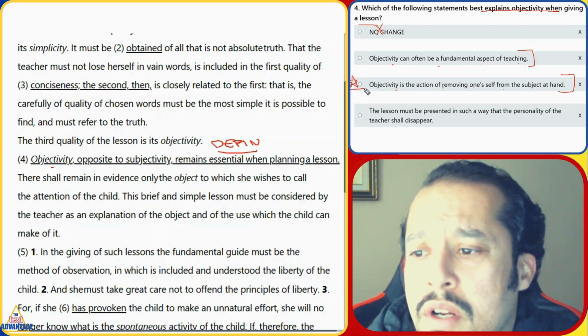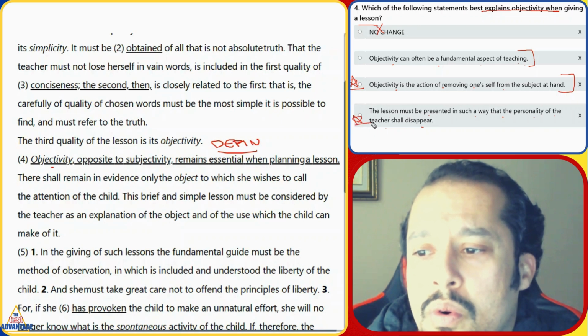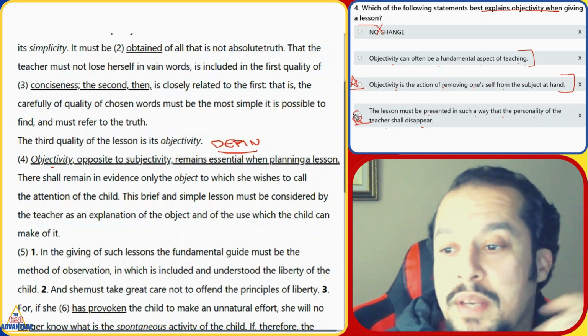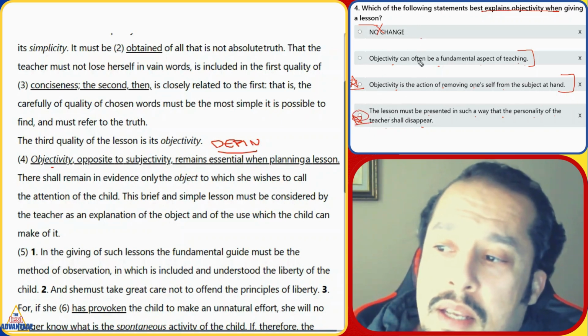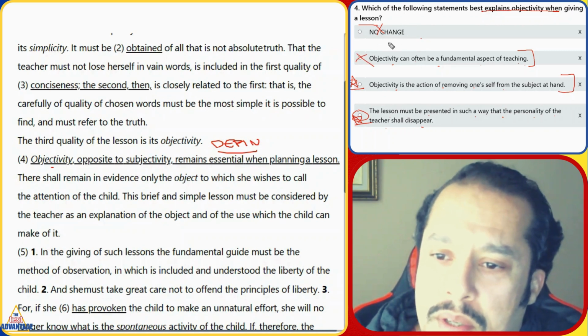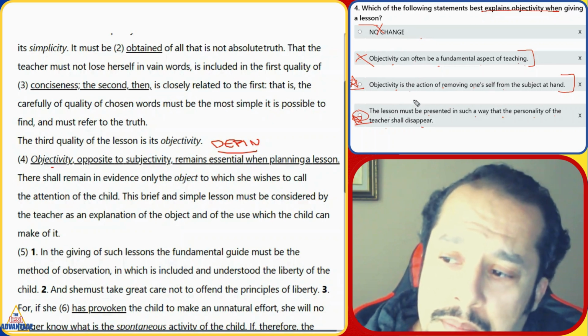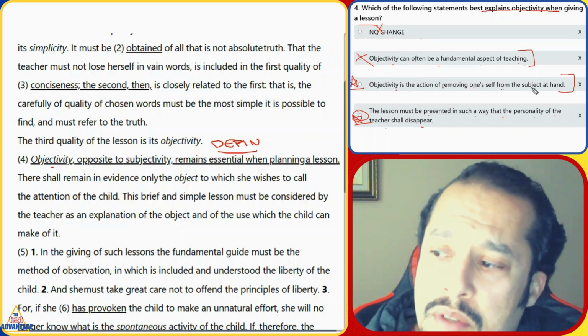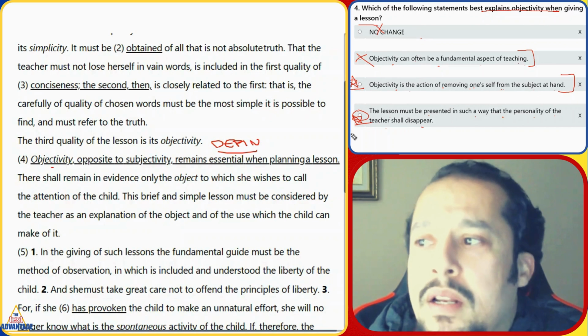I like answer B. The lesson must be prepared in such a way that the personality of the teacher shall disappear. Ooh, okay. The best answer is D. A and C, or B, A and C, well, B is off topic, صح? B looks good. Objectivity is the action of removing oneself from the subject at hand. صح, جميل.